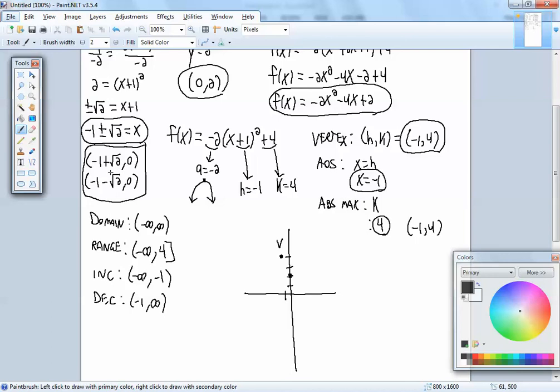Now the x-intercepts are in radical form, which doesn't help me a whole lot. I'd have to convert them to decimal. Well, there's another way we can do that, and we'll find another point using that other method. And we said our axis symmetry is x equals -1, which means there's an invisible vertical line here. Oops. Boy, I kind of missed -1 there, didn't I? But you get the idea.